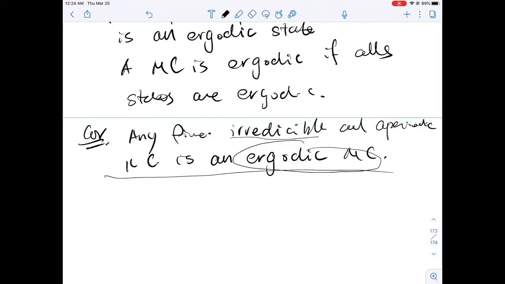You need to be irreducible, which means that the whole graph is a strongly connected component. It needs to be finite, since we don't want to talk about infinite graphs, and we also want to make sure that it's not periodic. If all these three conditions hold, then it's what we call an ergodic chain, and that is usually what's considered the normal chain.